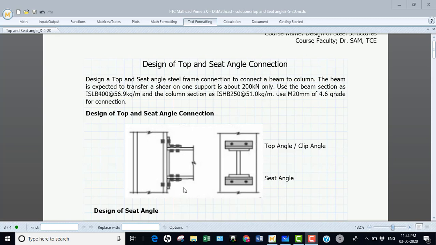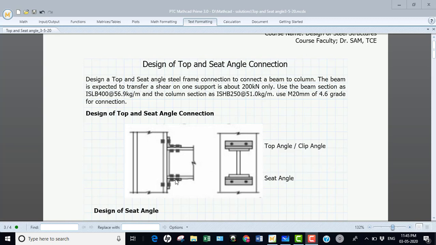The next component is the group of bolts going to transfer the shear from the beam to the column through the seat angle. So these two are very essential in the design of top and seat angle connection, where the top angle is not to be designed for any force, but is to be provided in a nominal dimension.